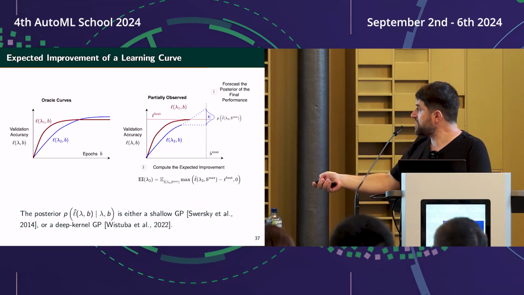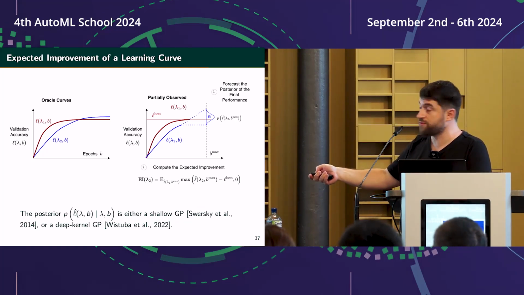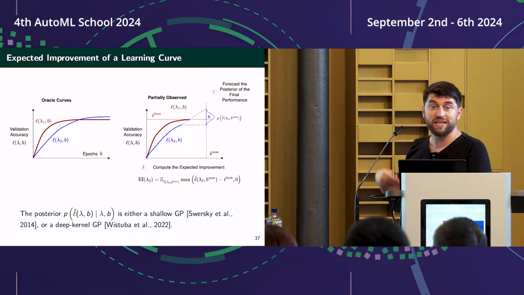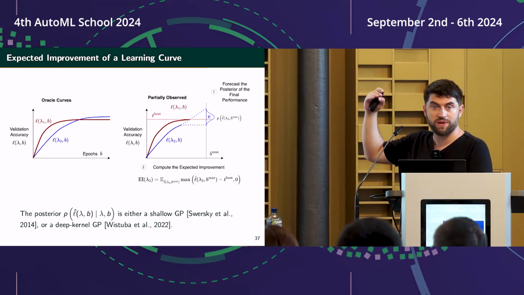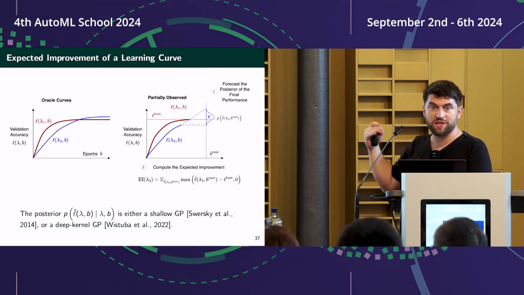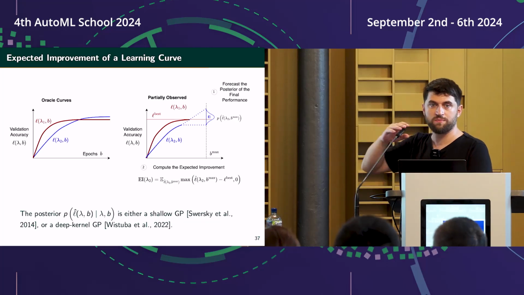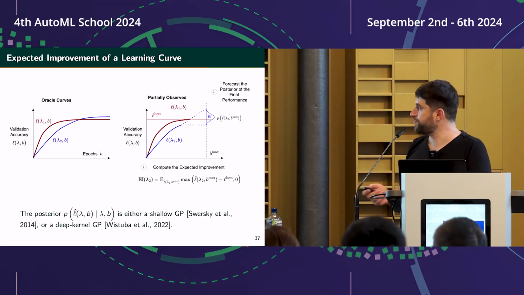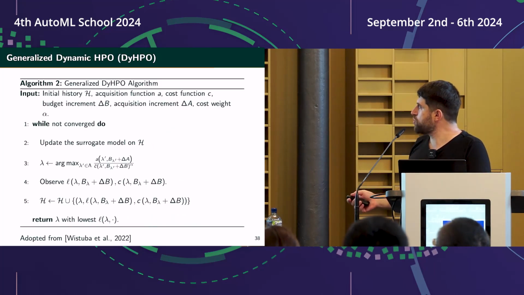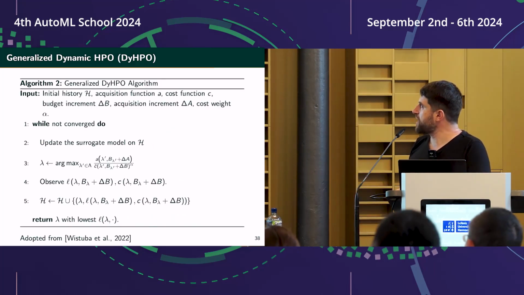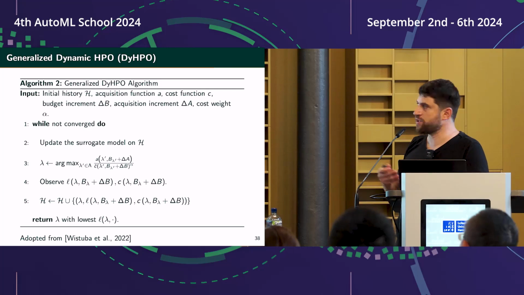At the end of the day, we would select the learning curve to be most promising if it has the highest possible estimated improvement on top of the best observed so far. So that is a mechanism for judging whether a curve is promising or not based on a prediction of its performance. And that brings us to a generalized dynamic hyperparameter optimization procedure with learning curves.